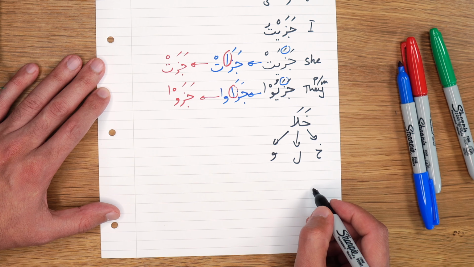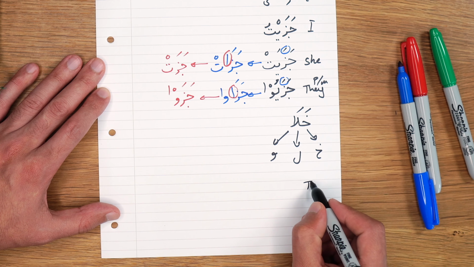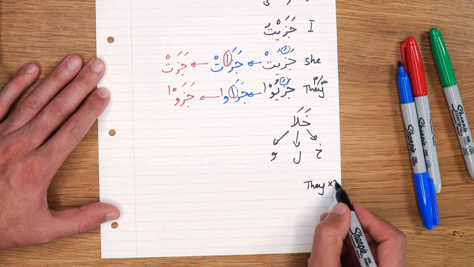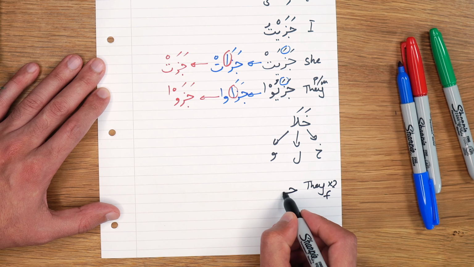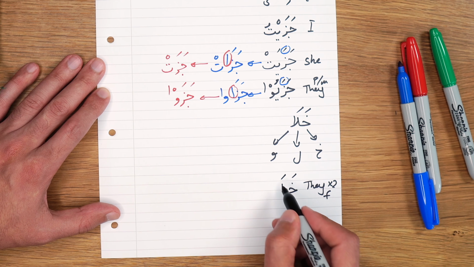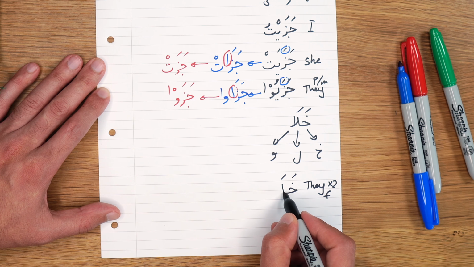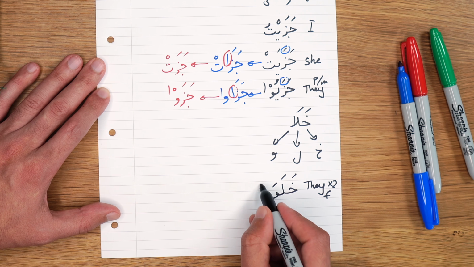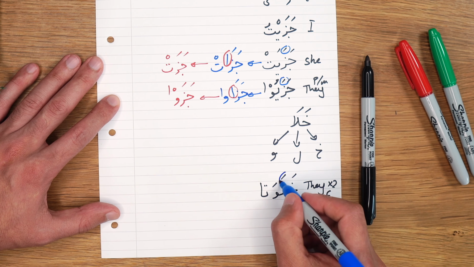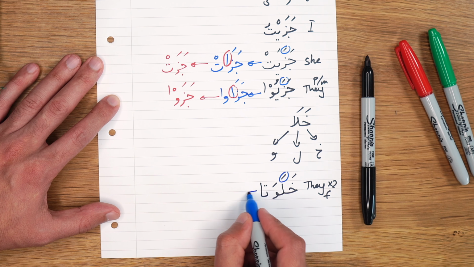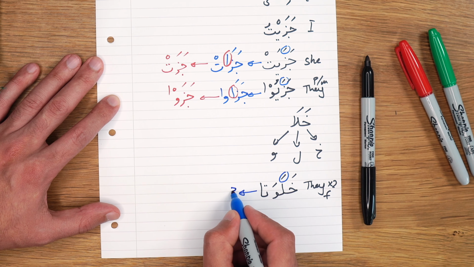But if you want to say they, two females, you're going to have to say khalawta. Now you can't have khalawta. Why not? Because you've got the fatha before it, so you're going to have to change that into an alif. So it's going to have to become khalaata.